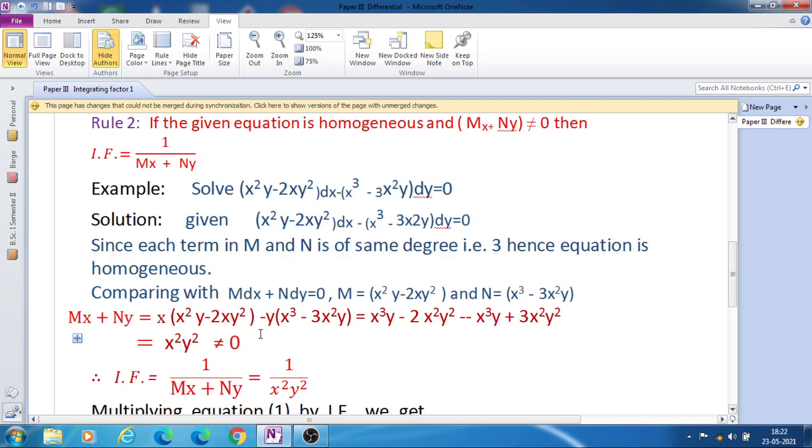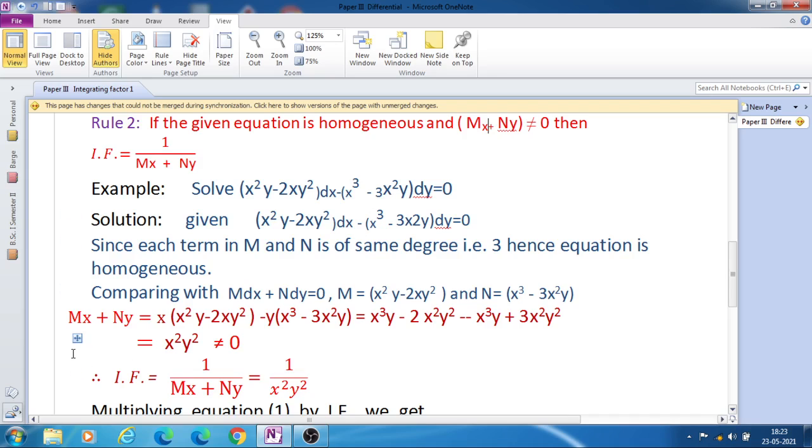Now to find the integrating factor 1 upon mx plus ny, first compare this equation with m dx plus n dy is equal to 0 and find out m and n. So comparing that equation, we have m is equal to the coefficient of dx, and n is equal to the coefficient of dy.